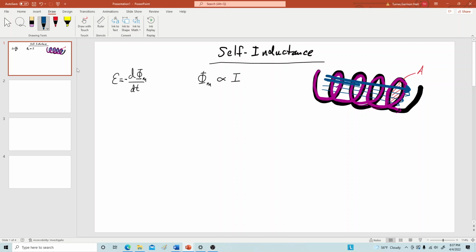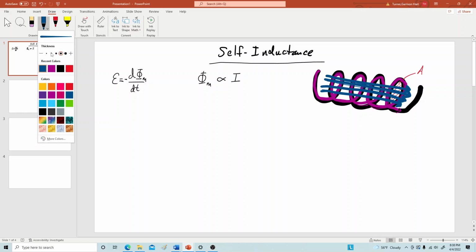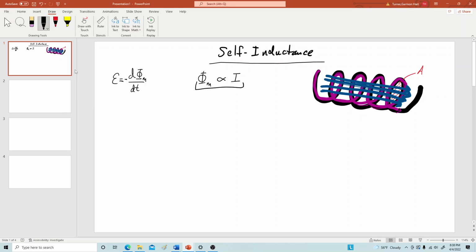So I would have a stronger magnetic field in here. And a stronger magnetic field implies a larger flux since my area is not changing. So this is where we can justify this statement that my flux is going to be proportional to my current.